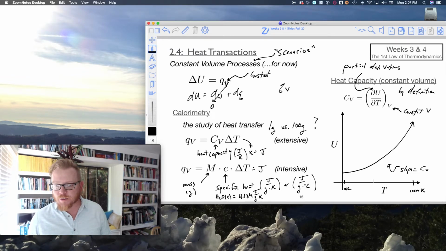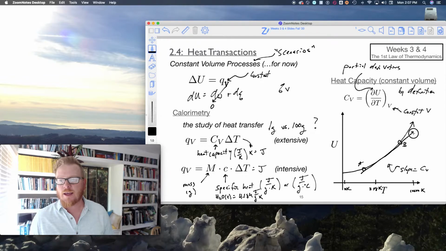But if I look at the range that I'll call approximately room temperature, 298 K, and by approximately room temperature, that spans some region like A to B, then the heat capacity will be somewhat constant.